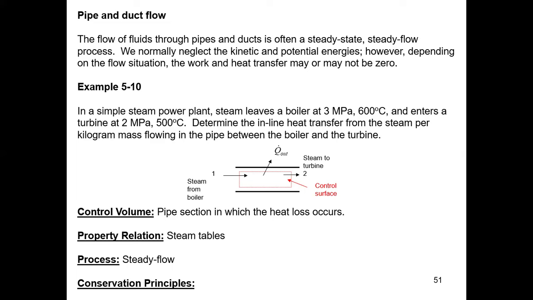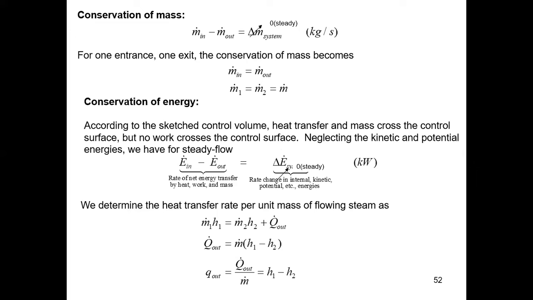Property relation: steam tables. Process is steady flow. Conservation principle: mass rate coming in is mass rate going out, so we can say mass flow is constant. And conservation of energy: E in dot minus E out dot is equal to the change in energy.